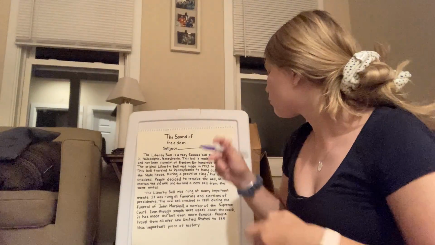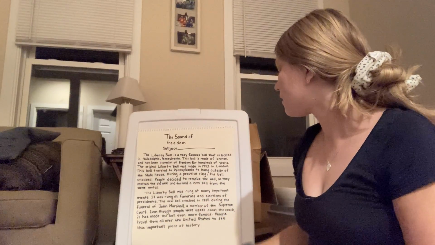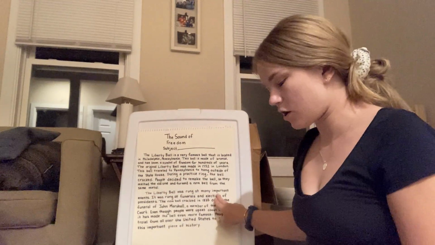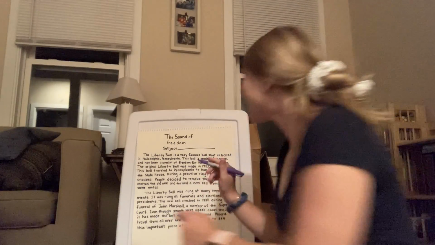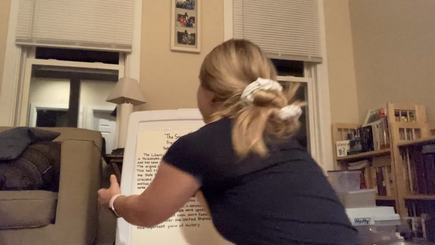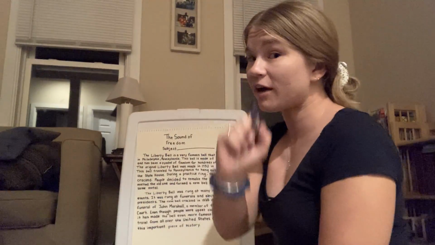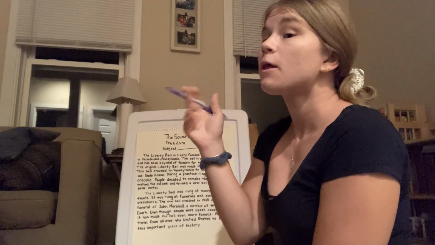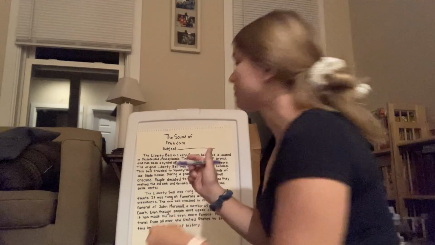So we're going to look through this report. Does anybody notice which naming word may be repeated the most often? Yes, I agree. It looks like the Liberty Bell. So we need to prove it though. We're going to circle every time we see that naming word or a replacement namer.